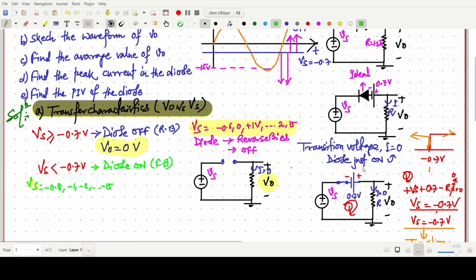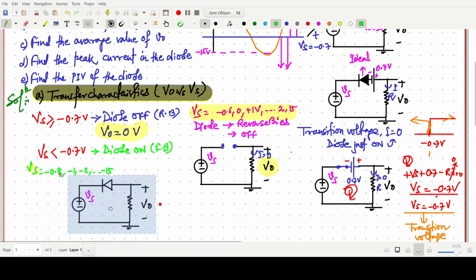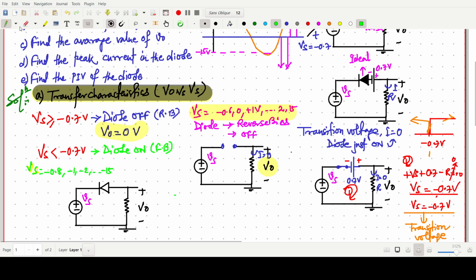So when the diode is on, for that I am making the circuit here. The diode is on, and this will be 0.7 volt, minus and plus. So for the output voltage V naught we can write plus Vs plus 0.7 minus V naught equals 0.